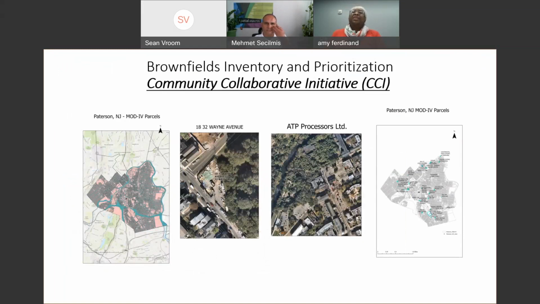And this is a visualization of that. On the left-hand side would be every parcel that is in Paterson, and on the right would be those parcels that are on the new brownfield inventory. In the middle will be two sites that are down at the parcel level. You see the blue dots, and I can share that map later. Those are the parcels that have been identified, and they are on ACRES, they are on the Passaic County Brownfields list, and they are also on SiteMart.